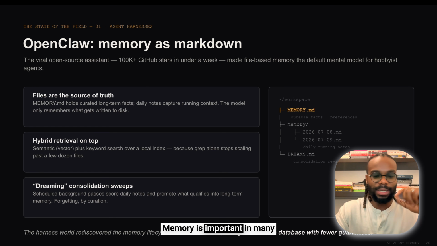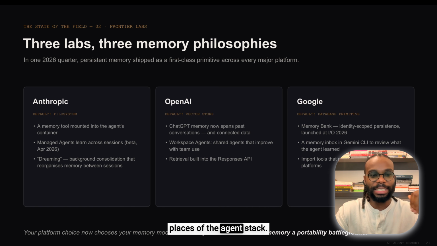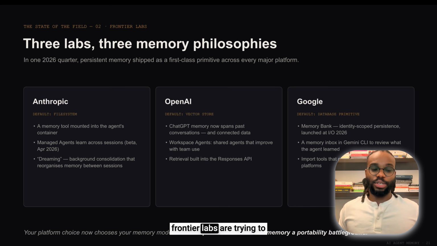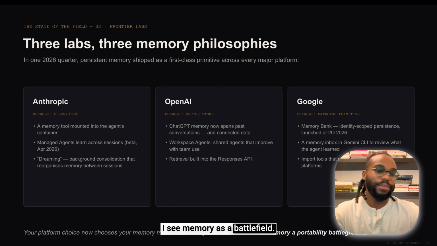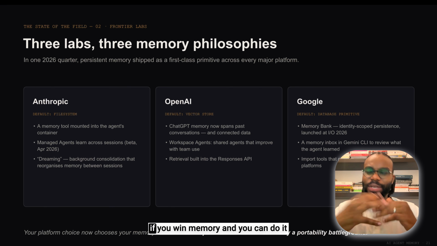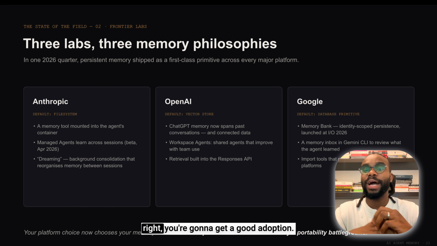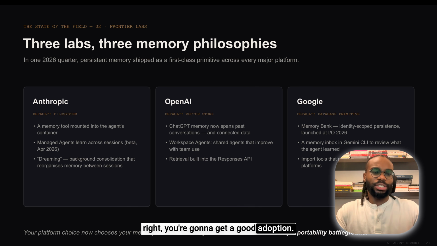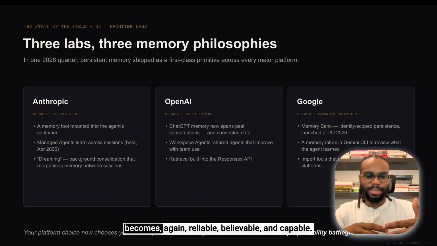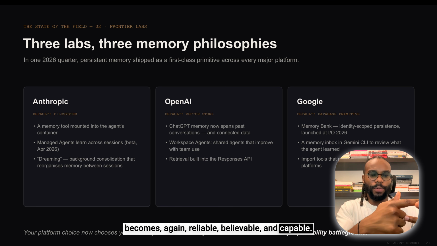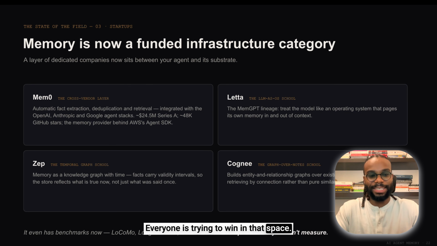Memory is important in any place of the agent stack. Frontier labs are trying to win in the memory space. I see memory as a battlefield. Everyone is trying to win memory because if you win memory and you can do it right, you're going to get good adoption and retain a lot of users, because then your system becomes, again, reliable, believable, and capable. Everyone is trying to win in that space.